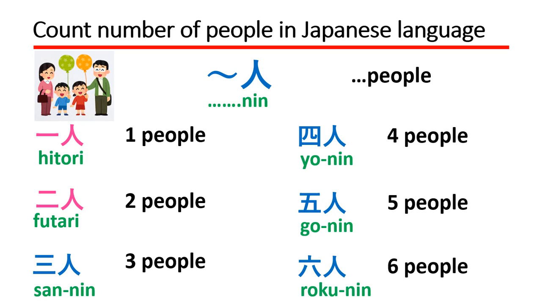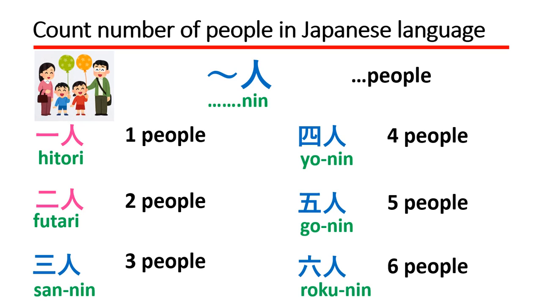For counting one person and two people, there is a special sound, so you have to remember. For example, for one person they use hitori. They don't use ichinin, right? And for two people they use futari, not ninin. But from three people and up, they use the sound of the number.